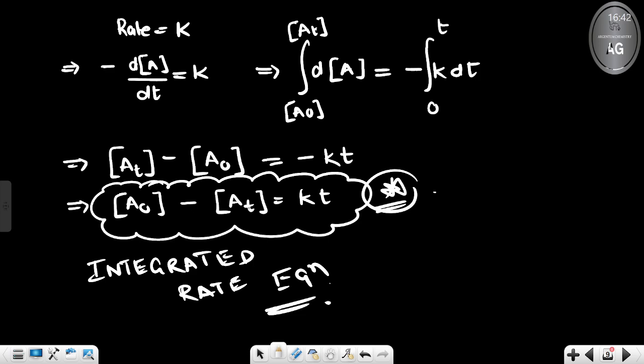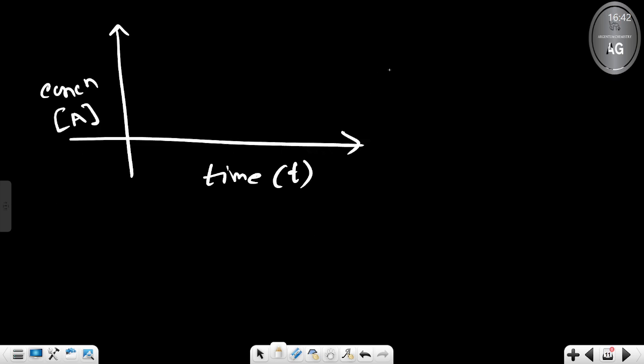Does this not look like somewhat of y equal to mx plus c type of graph? This does not look like it directly, but let me tell you how it looks like.